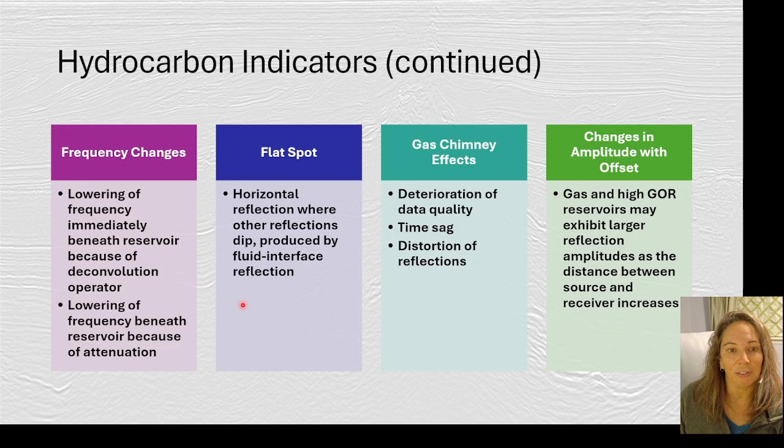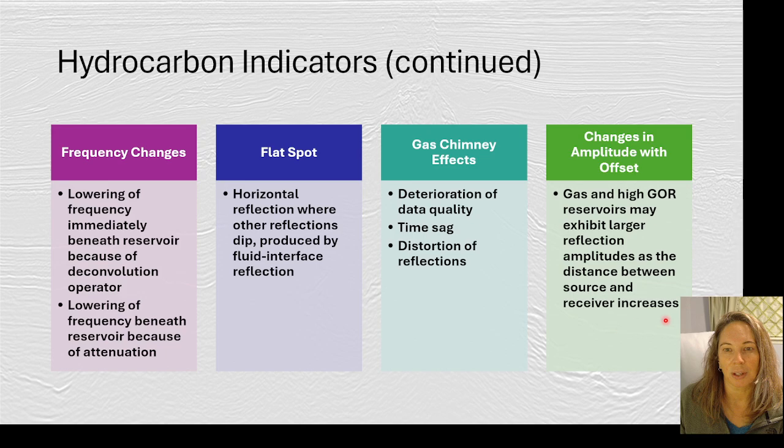I already talked about flat spots. Those are flat spots that occur in the seismic where we have that fluid interface. We can also get these gas chimney effects. So those are other hydrocarbon indicators, where you see a deterioration of the data quality, maybe a little bit of sagging or push down in time and distortion.